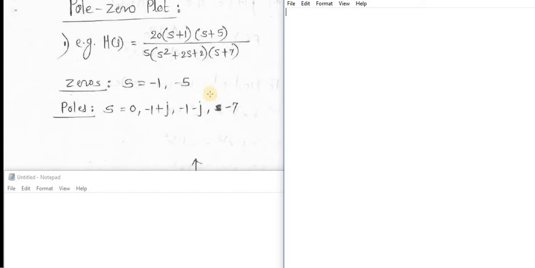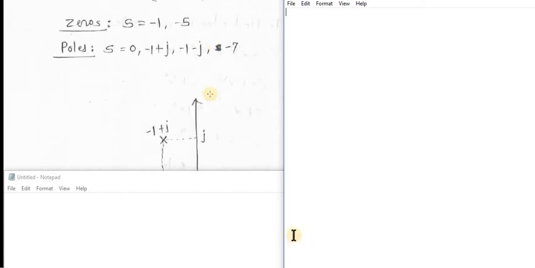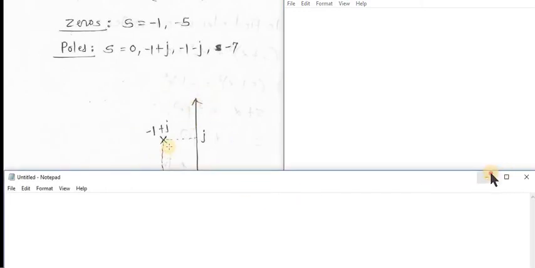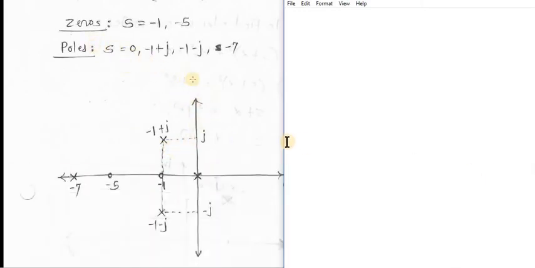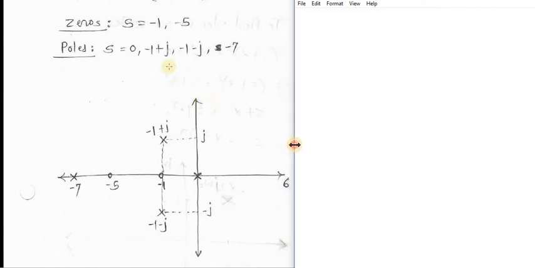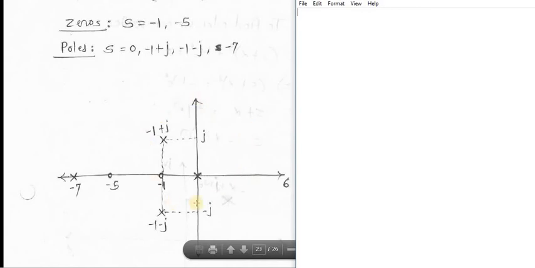So now look at this graph. Herein we have plotted all the zeros and poles. So look, s equal to minus 1 is plotted at the location minus 1 on the complex plane, or s plane.